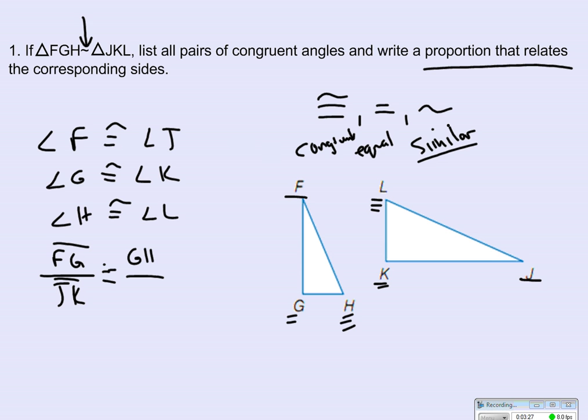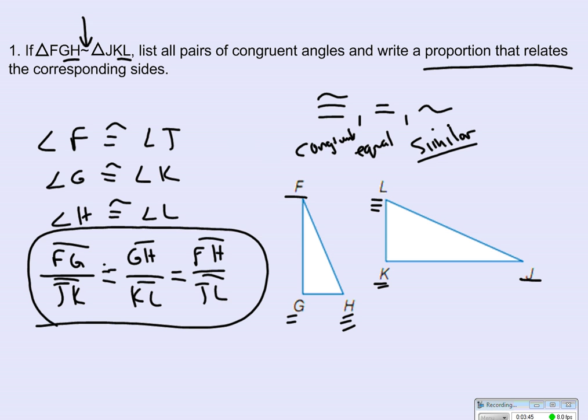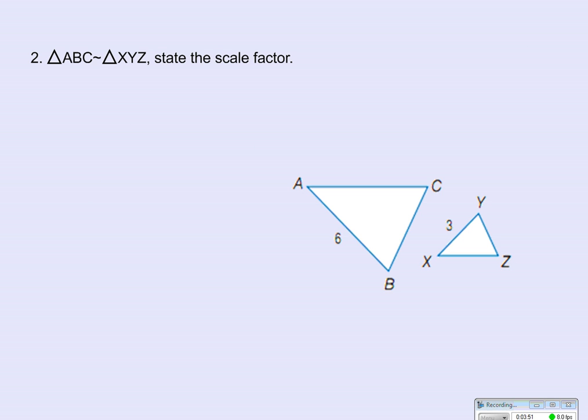So if I say GH, what matches up to GH? Well, KL. And that's going to be equal to, what do I have left? FH over JL. This is how you write the sides in proportion, right there. Those are all going to be in the same proportion, and that's how you write it.